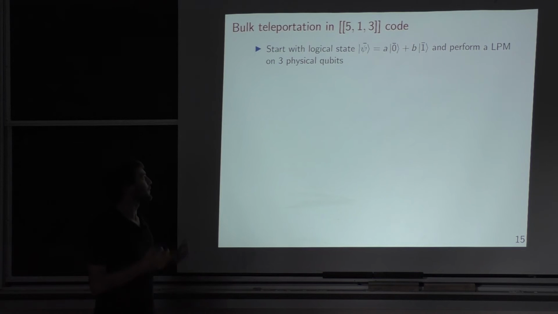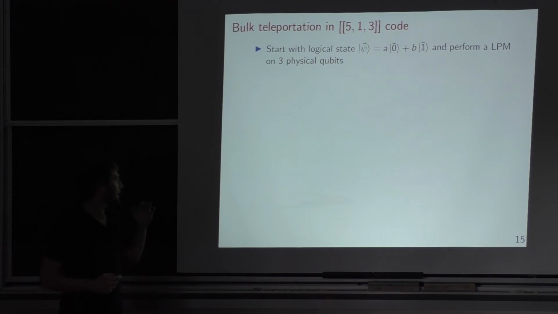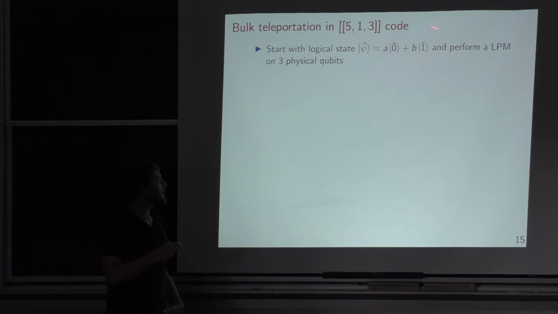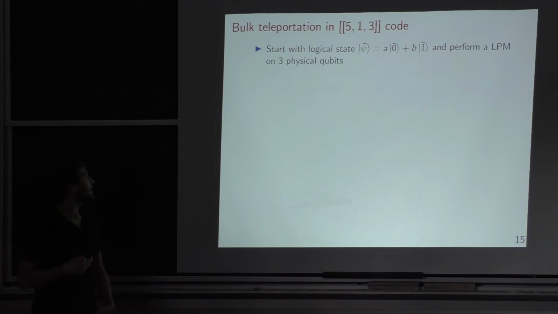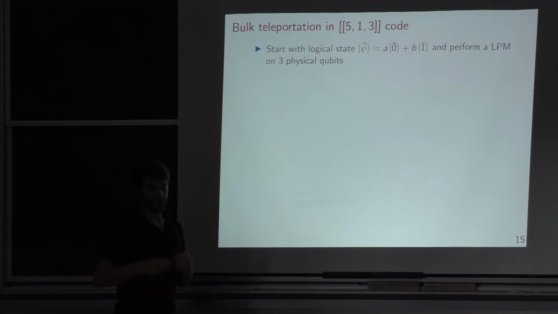There is a more formal treatment that I won't go into here, but I just give an example of how this can happen, and it's pretty simply interpreted in terms of quantum teleportation. So suppose that you start with a bulk state, which is an arbitrary superposition of logical 0 and logical 1, and then you perform a projective measurement on 3 of the physical qubits, so the external legs.